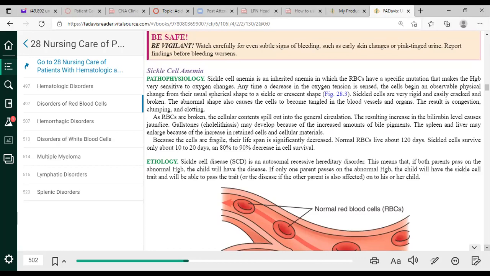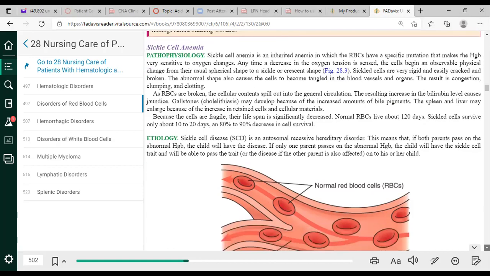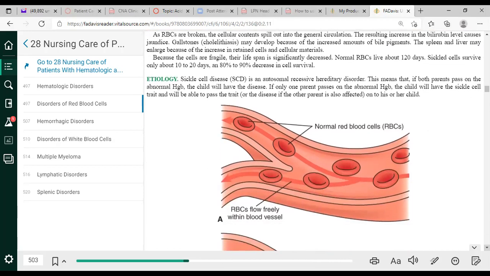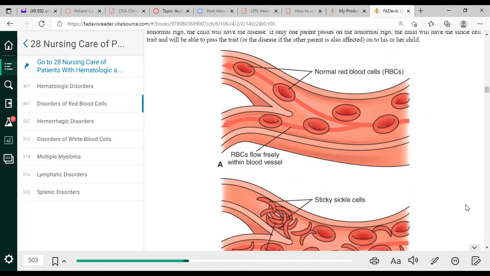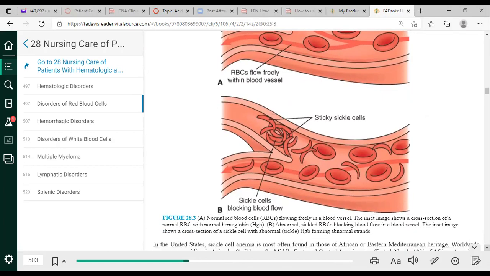The red blood cells become tangled in the blood vessels and the organs, and they tend to clump up. And they put the patient at risk for a lot of things. This is how normal red blood cells should look while traveling through the intravascular space. With sickle cells, the cells in the intravascular space actually change their form to the sickled cell, and they end up clumping up.